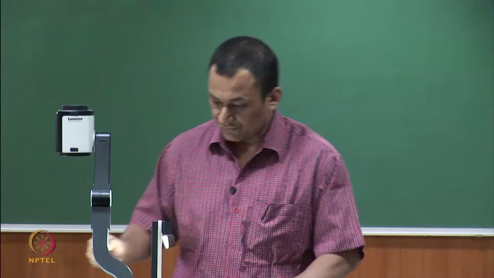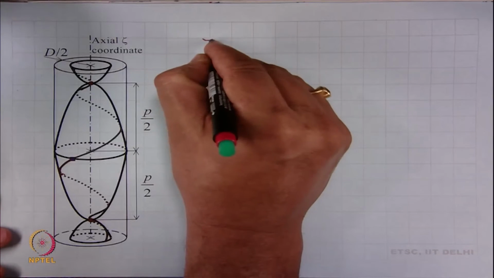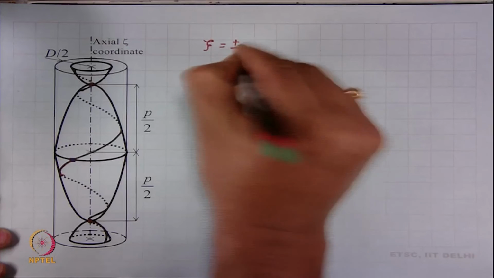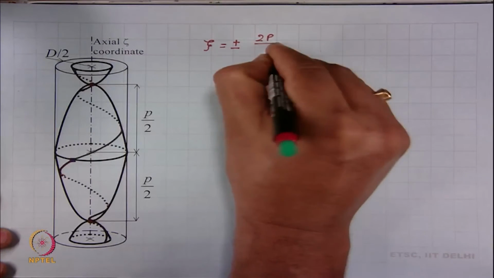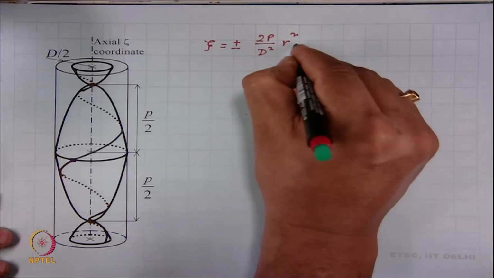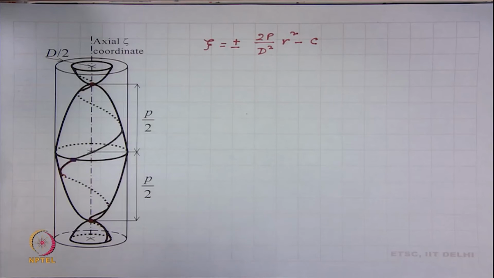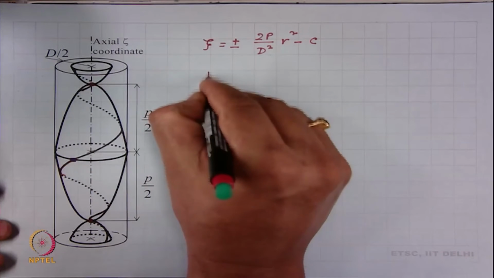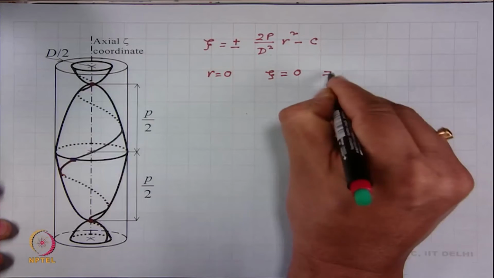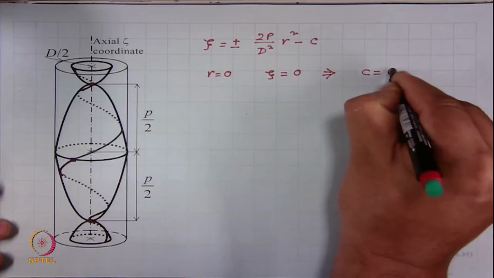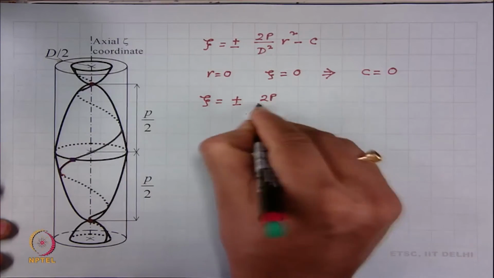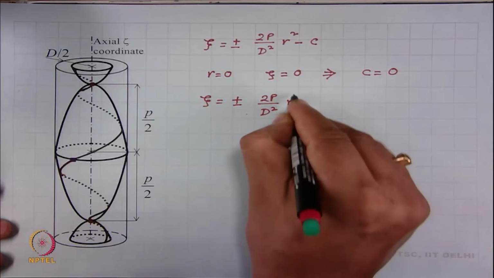So, what was the form? Form was this equal to plus minus 2 p by d square r square minus c. When r is equal to 0, this must be equal to 0, this infers c is equal to 0. So, equal to plus minus 2 p by d square r square.